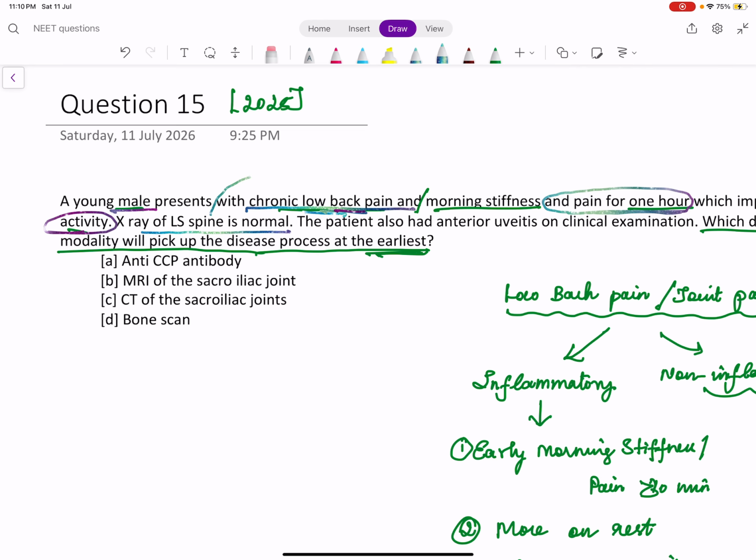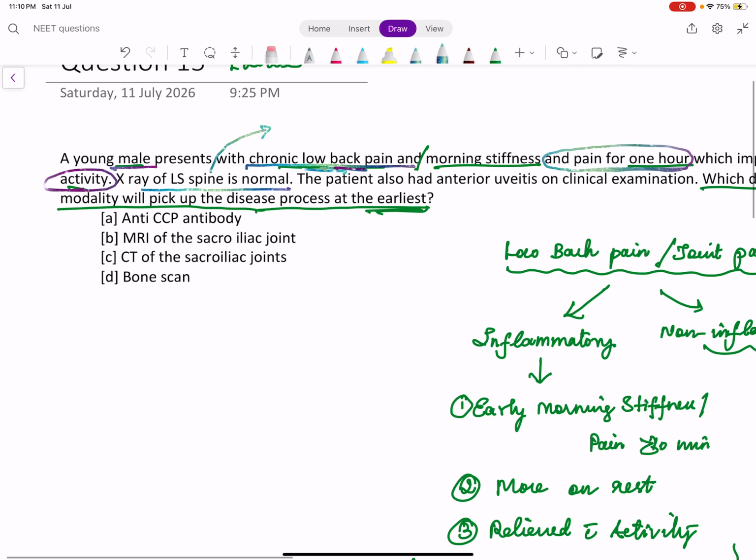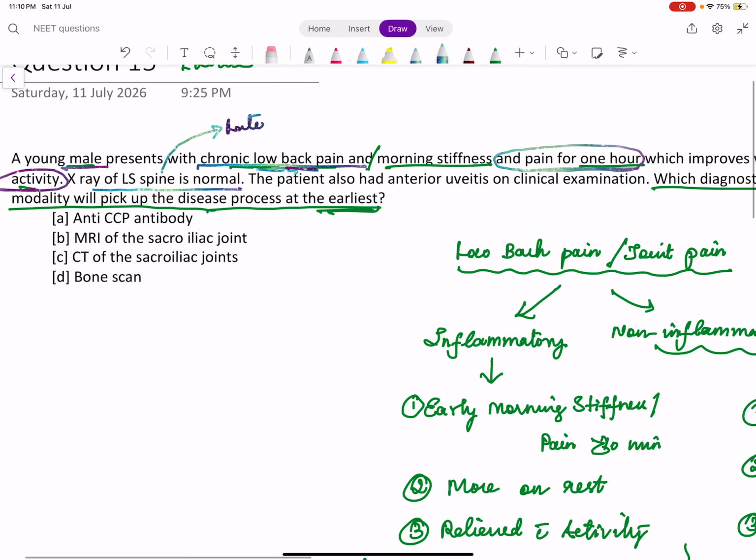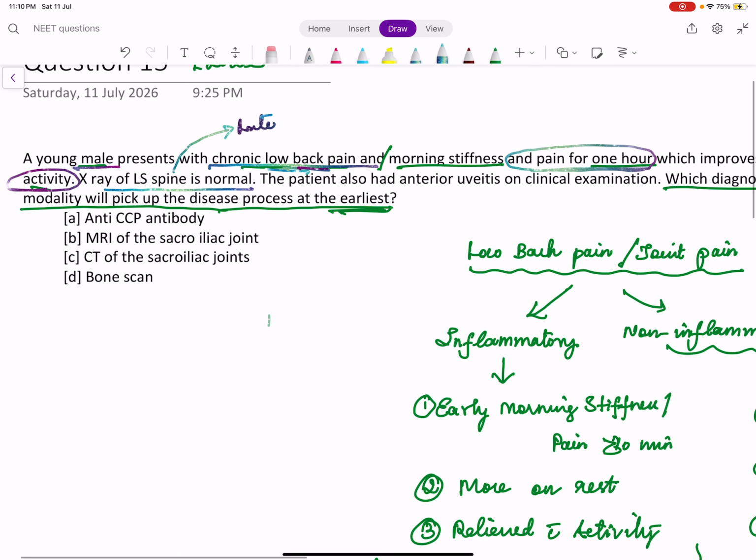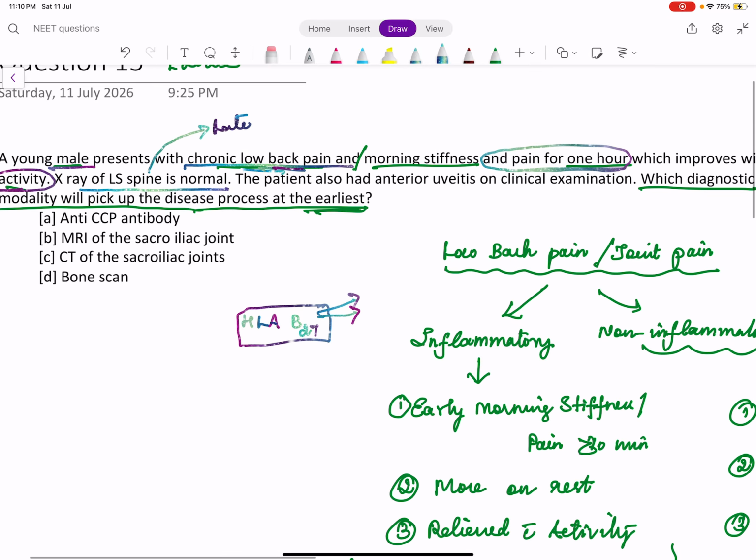I already told you it will take 10 years for X-ray spine to produce bamboo spine. It's a late pickup investigation. And will serology help? No, because it's a seronegative arthritis. If at all something can be done, HLA-B27 is a genetic test which may help, may not help. Maybe for your MCQ, you just remember HLA-B27.